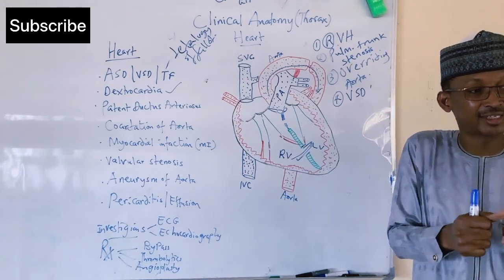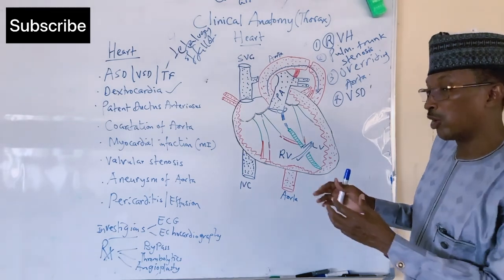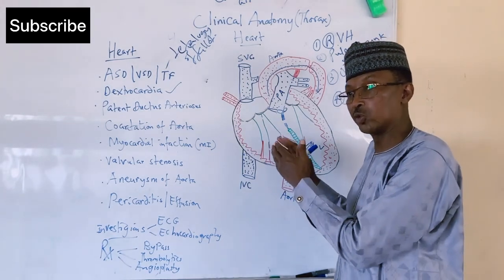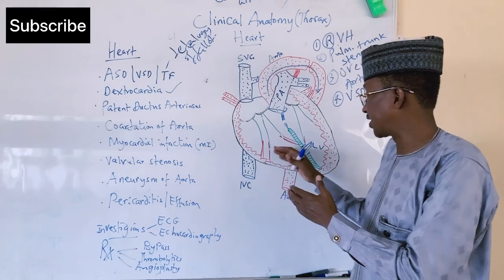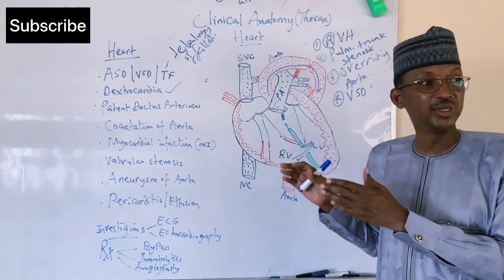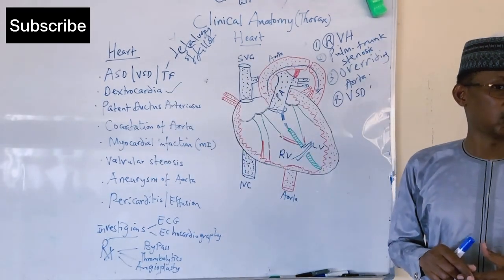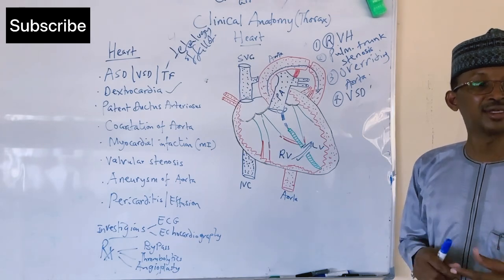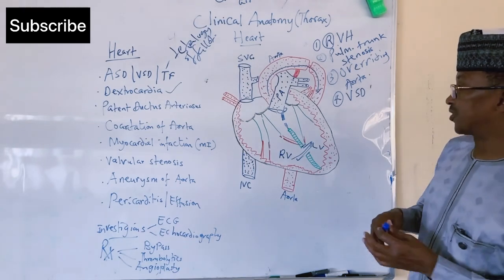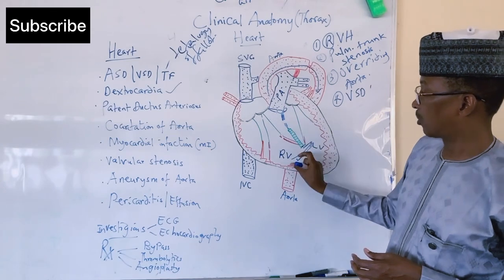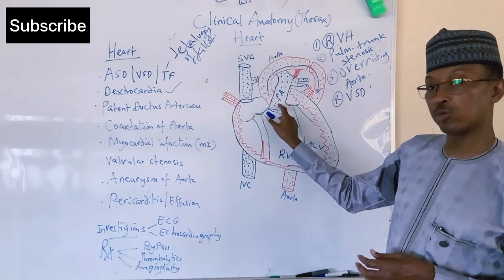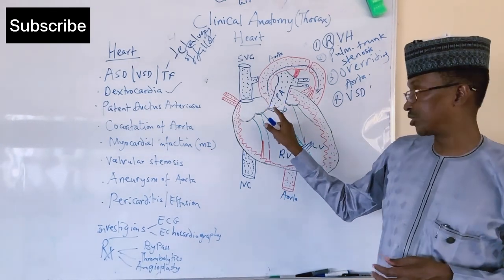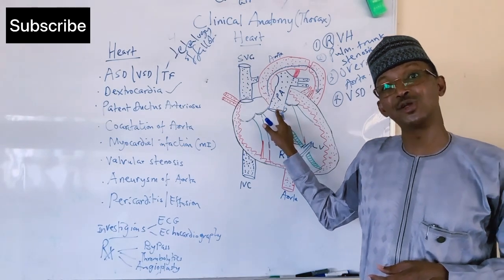That means it gets narrowed, so that the amount of blood going from that compartment, either the right or the left, is going to be limited. So that can also cause a reduction in the blood supply. If it is the pulmonary trunk, the blood going from the right ventricle into the pulmonary trunk is going to be limited because the valve of the pulmonary trunk is stenosed.